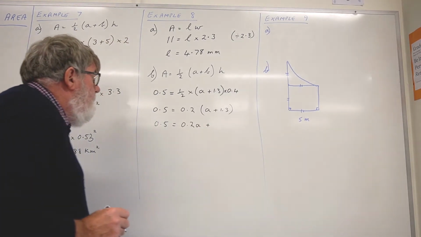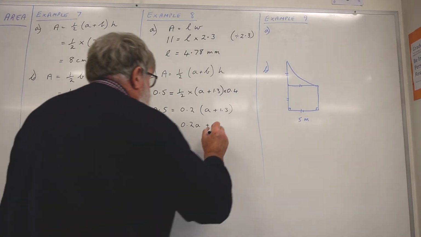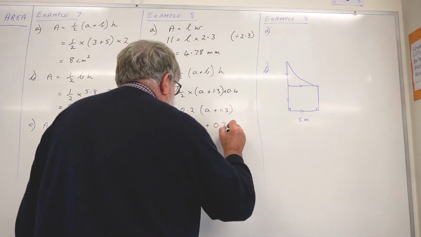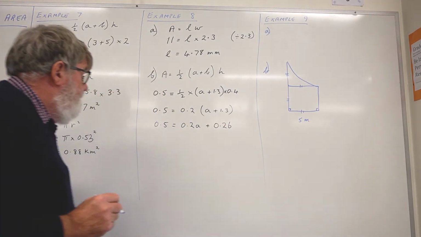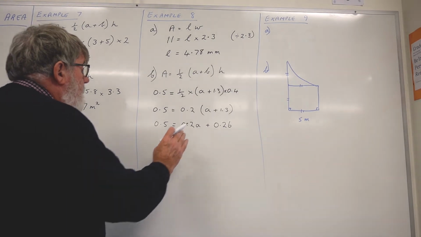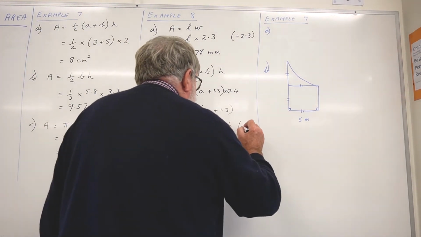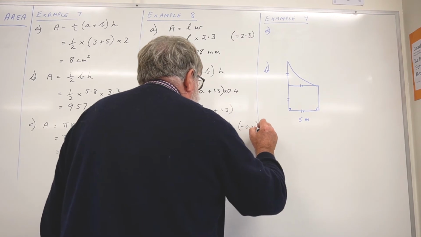And so we've got 0.2 times 1.3. Some of you might need to do that on your calculators, but 2 13s are 26, so this is 0.26. Once you've got it to that stage, we've now got 2 steps to solve the equation. We would subtract 0.26 first.